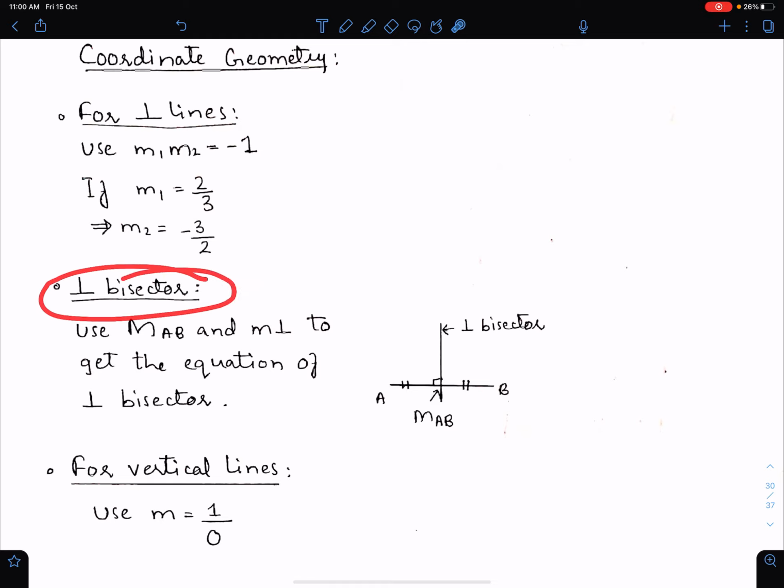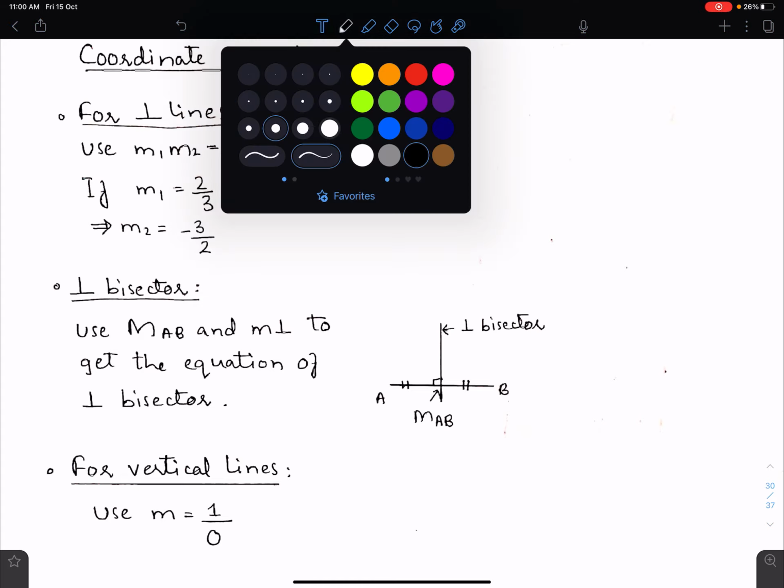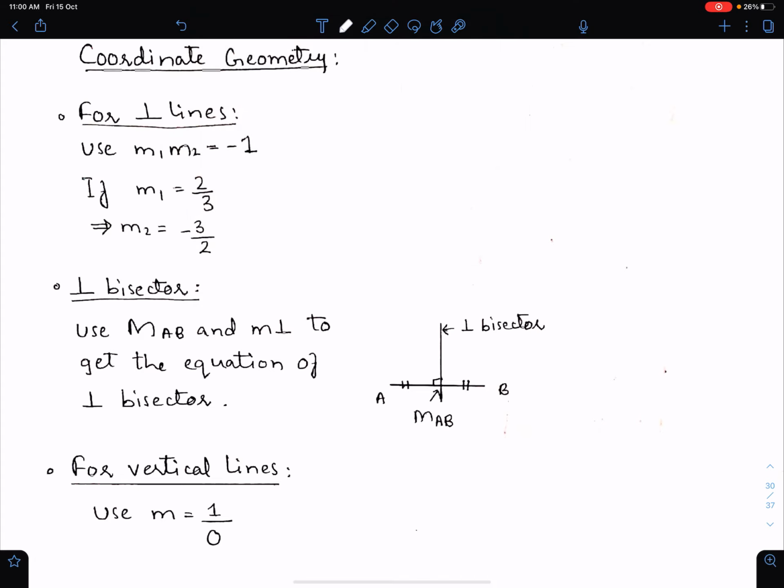Perpendicular bisector. Perpendicular means makes 90 degrees and bisector means divides into equal parts. So this is the perpendicular bisector, because this line divides AB into equal parts and makes 90 degrees with the line AB.